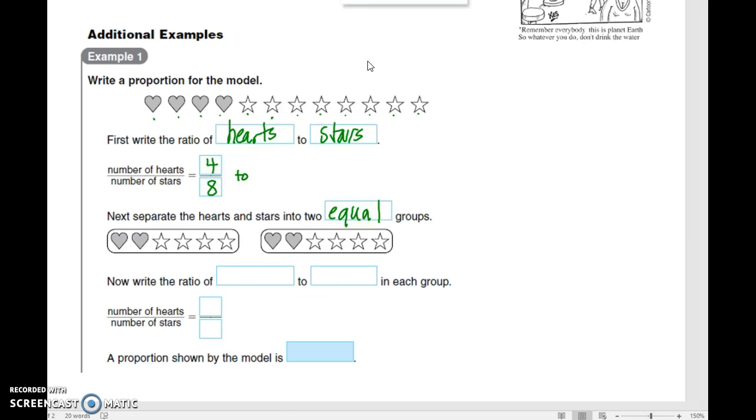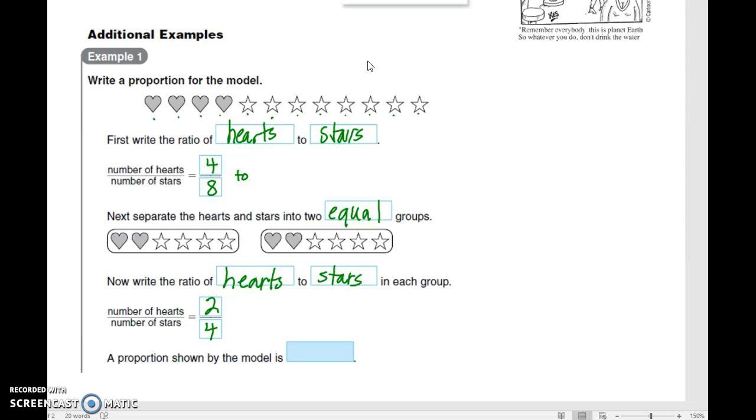Okay, so now I'm going to write the ratio of hearts to stars. Okay, so the number of hearts in this group is 2, and the number of stars is 4. And now I would read it 2 to 4. It's a fraction, you're just cutting it in half. Exactly. 2 fourths is equal to 1/2, so this is true.